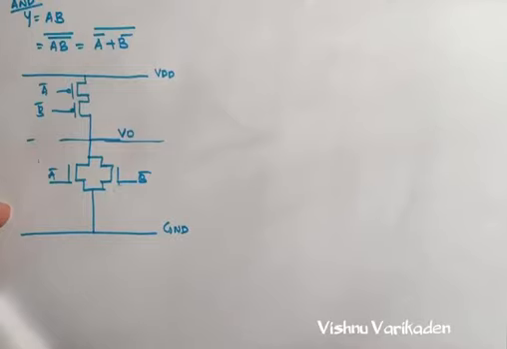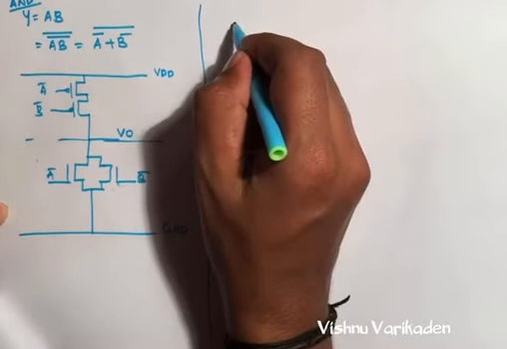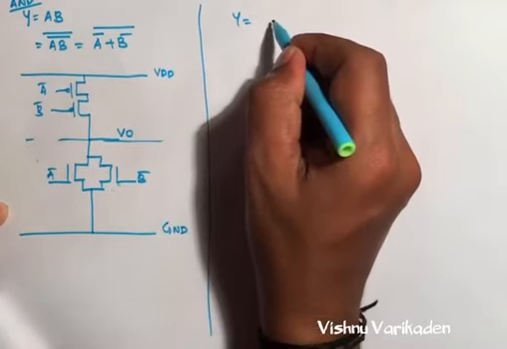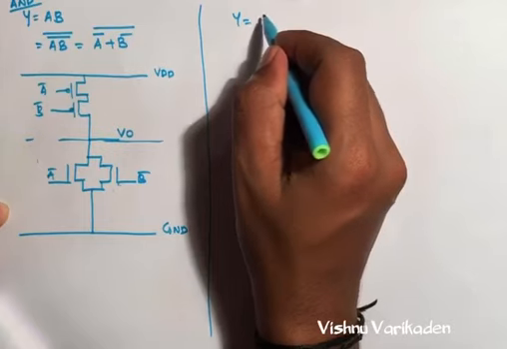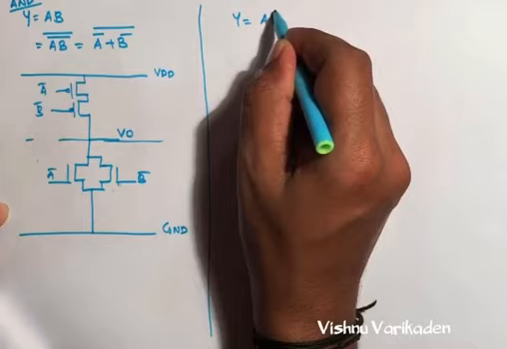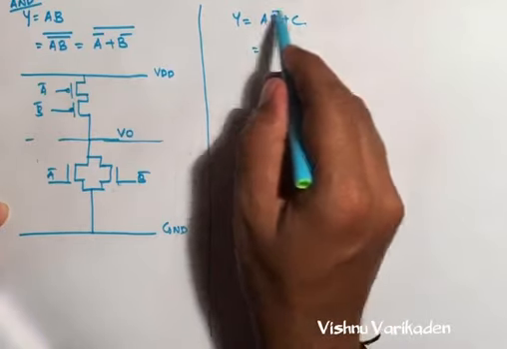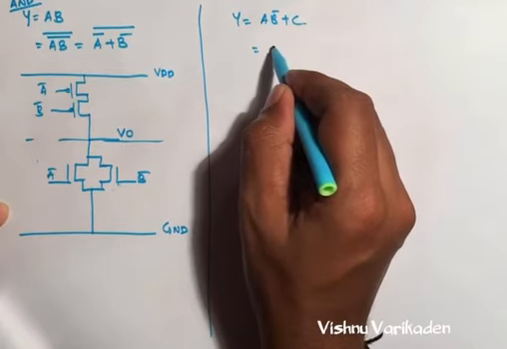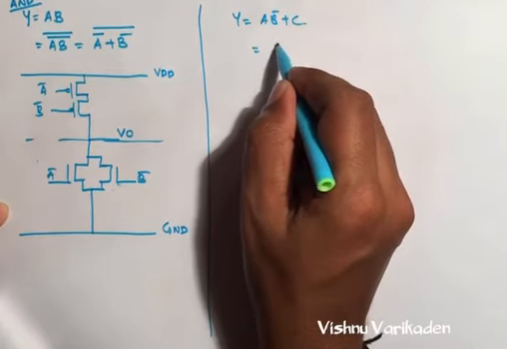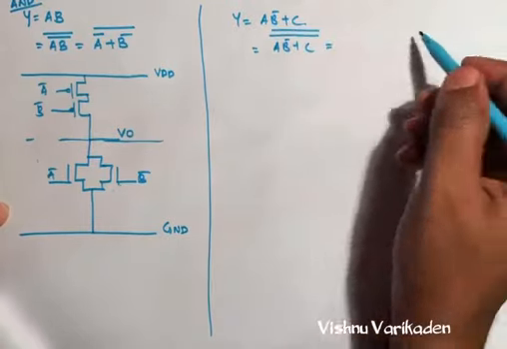Now I am giving a last example, that is Y is equal to A B bar plus C. There is no bar on the output, so we will make two CMOS circuits, making two bars, then apply De Morgan's.